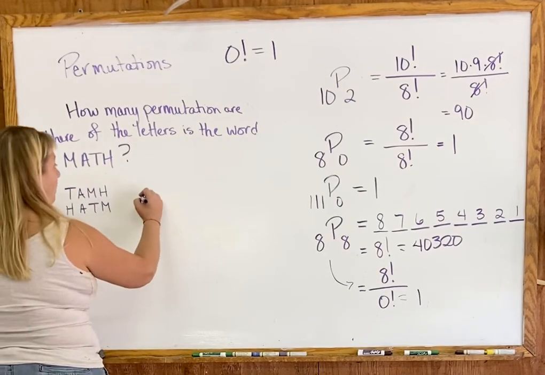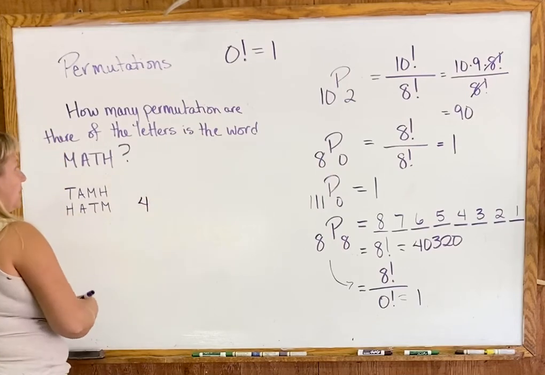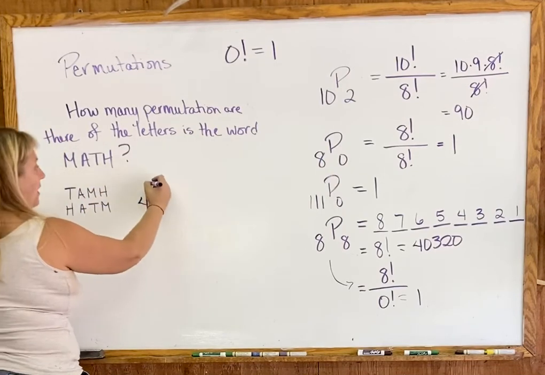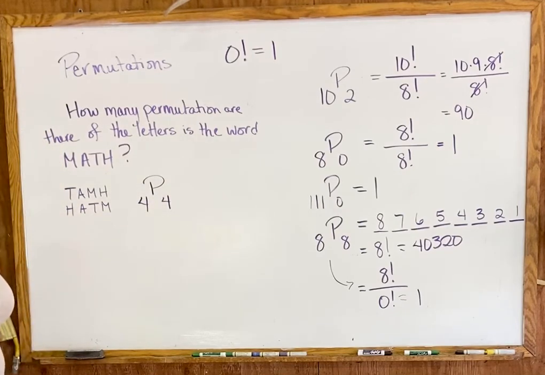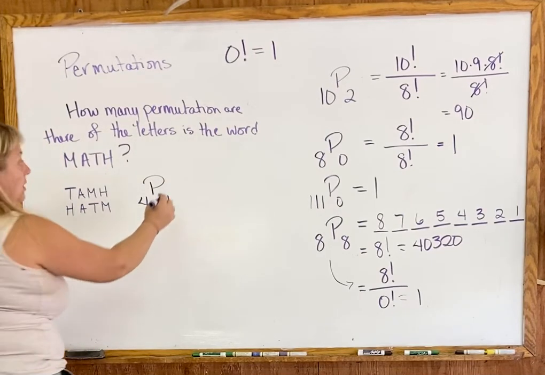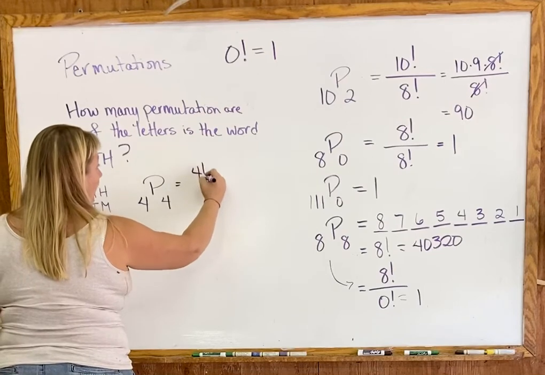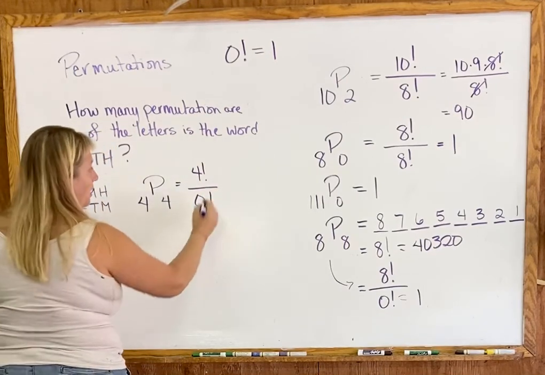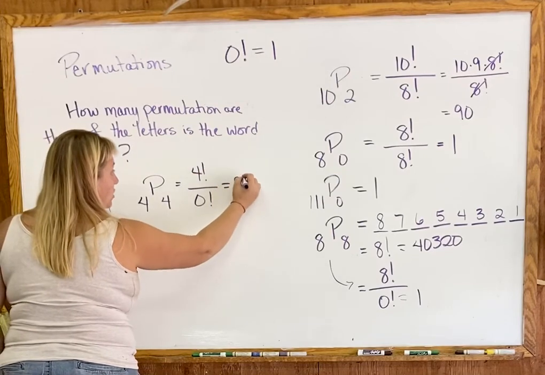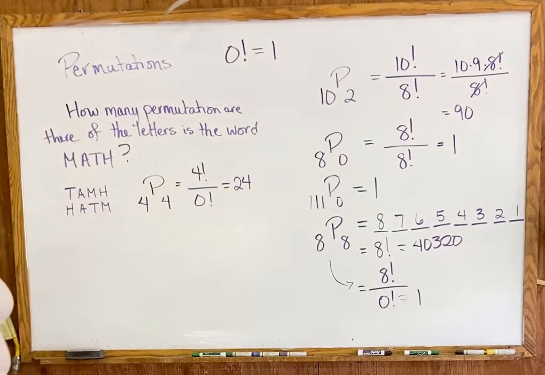So essentially, wouldn't that be saying take the 4 letters in the word math and permute all 4 of them? Okay, 4 permute 4, which will be 4 factorial over 0 factorial. And remember 4 factorial is just 24. Okay, so that is a permutation.